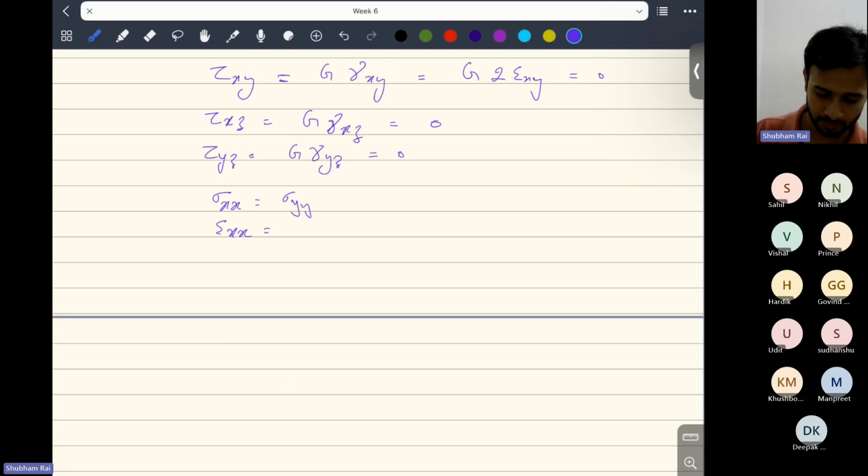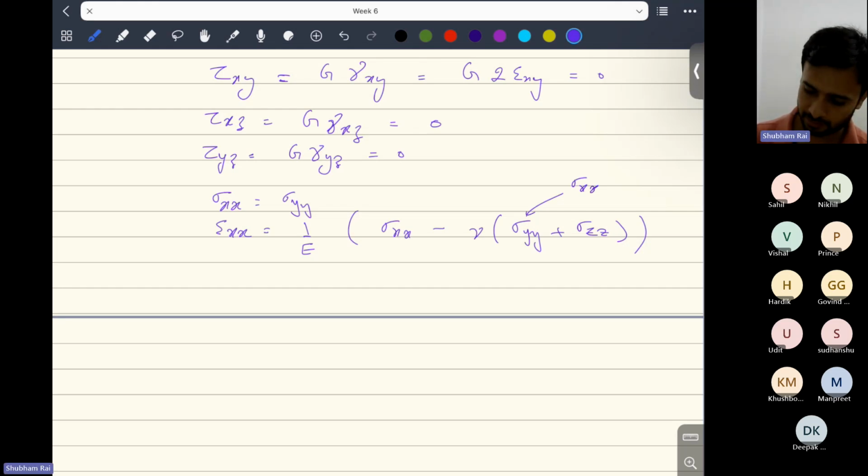So we can just write the expression of epsilon xx from three-dimensional Hooke's law. Epsilon xx is 1 over E times sigma xx minus nu into sigma yy plus sigma zz. And from here we know that sigma xx is equal to sigma yy, so we can put sigma xx there as well.